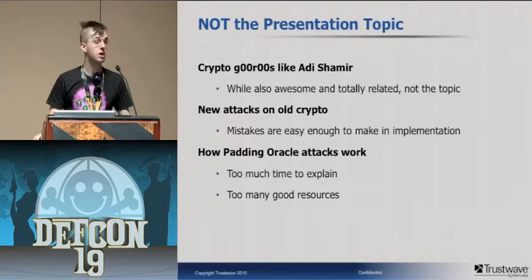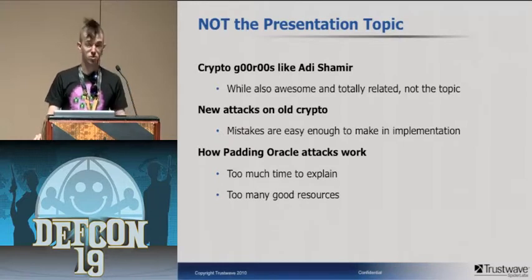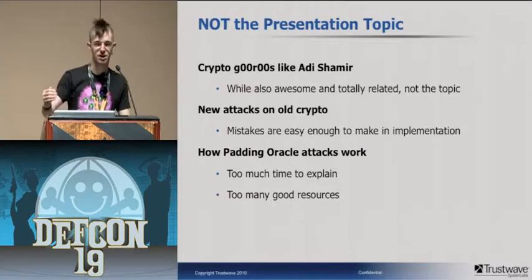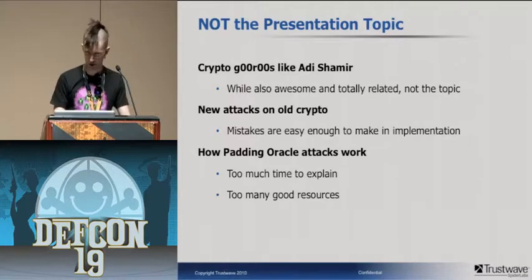We're also not going to be talking about how padding oracle attacks work. Now, if you would like to know, the presentation from Ekoparty, Padding Oracles Everywhere, is a fantastic resource, and it talks about the implementation of padding oracles as decryption oracles and using that against a couple of different things, JavaServer Faces, ASP.NET, so groovy stuff.